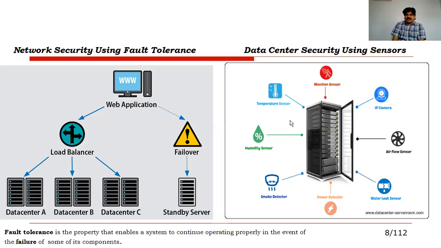Now let us move to another concept: providing security to the data centers. How to provide security to the data centers? If you consider the data centers, there are many servers kept in racks, and this is considered a data center. The data center is monitored with different sensors like temperature sensor, humidity sensor, smoke detector, power detector, water leak sensor, airflow sensor, IP camera, and motion sensors.